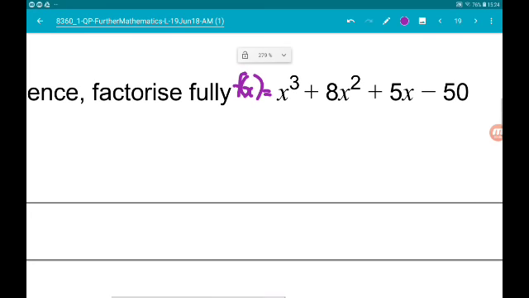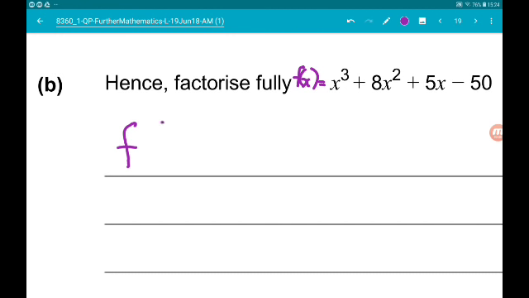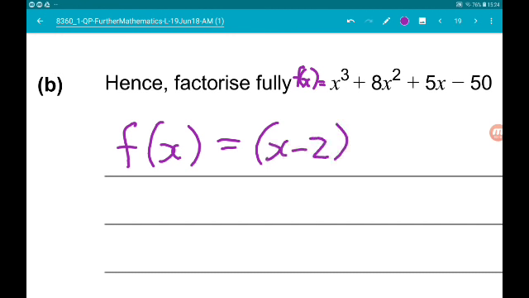Because it's a cubic, we know that either it has 3 linear factors, one of which we know, times either a quadratic factor or 2 more linear factors. So either it has 3 linear factors or a linear and a quadratic. So let's assume it's going to be 3 linear.